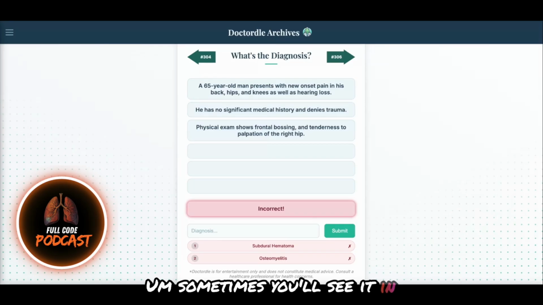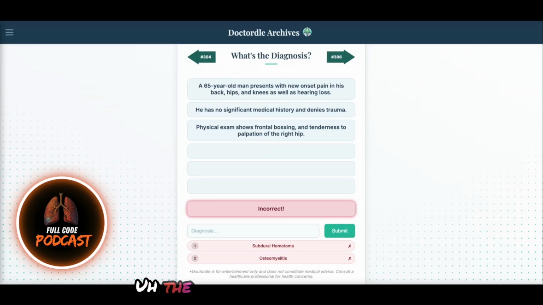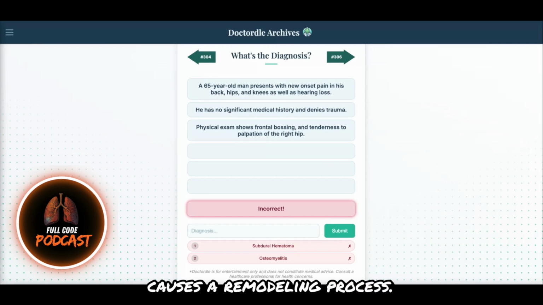Sometimes you'll see it in children. Sometimes you can have premature closure of certain fissures that are going to push your skull in different ways as you continue to grow. The other thing that you can consider is something that causes a remodeling process.